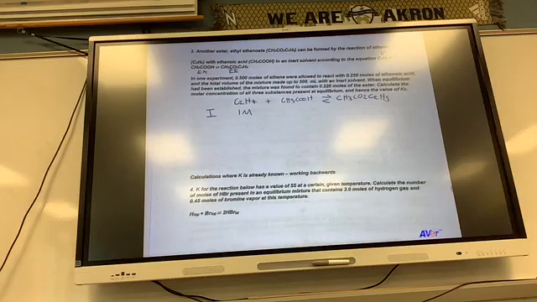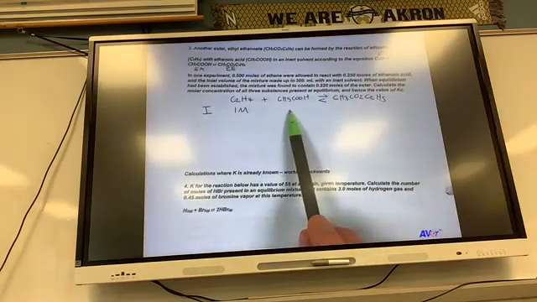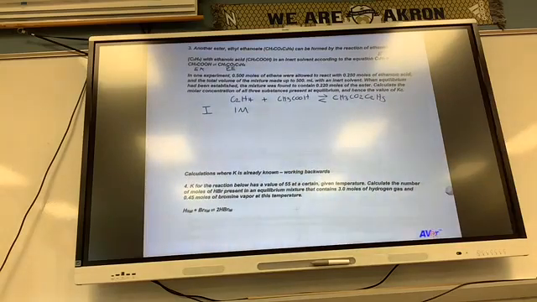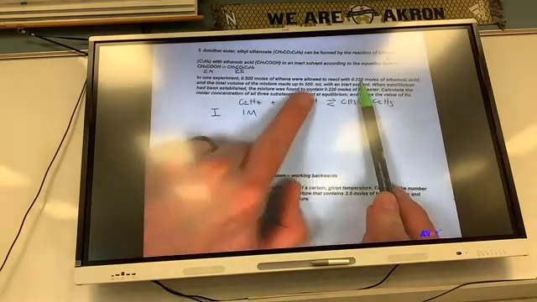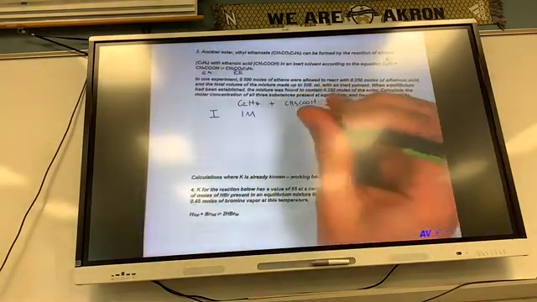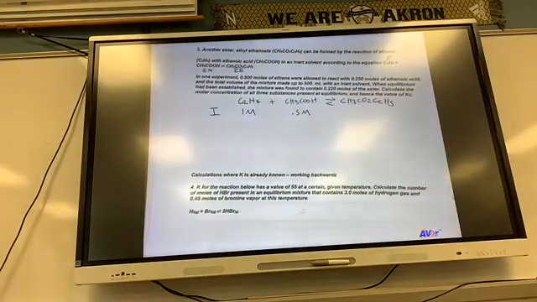What about CH3COOH? How many molar do I have of that? 0.5 molar, because I've got 0.25 divided by 0.5. Do I have any product to start with? 0.